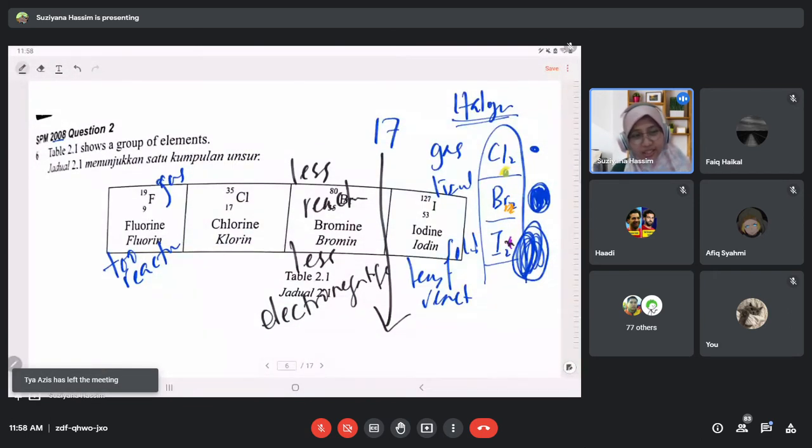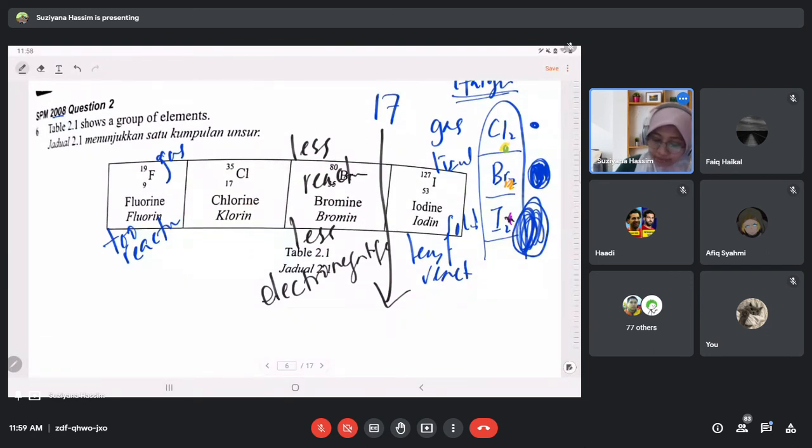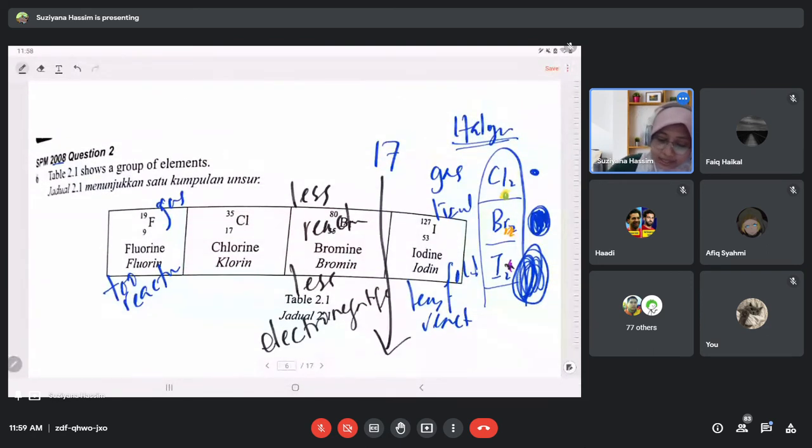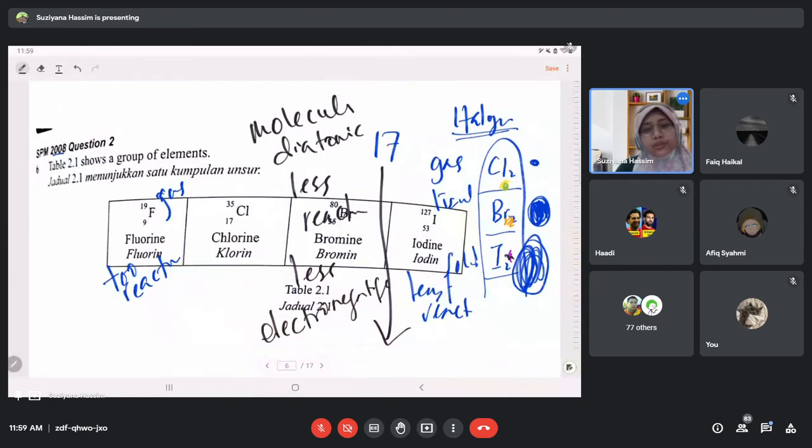The tendency of the atom to receive electron is lesser. To accept electrons, lower, the rendah. Chlorine, higher, receive electron. Okay, let's go. We check. And this one also exists as molecule. Okay, diatomic. Diatomic molecule is a concept here.